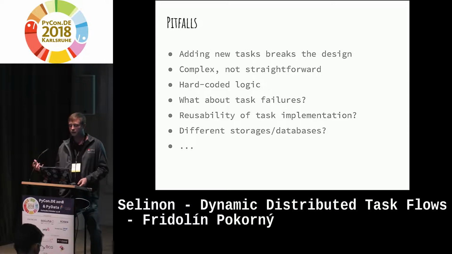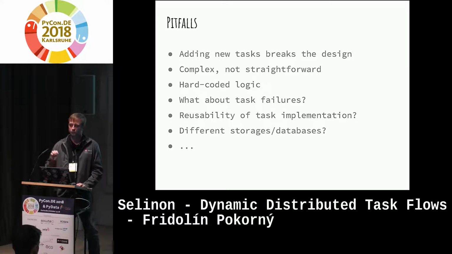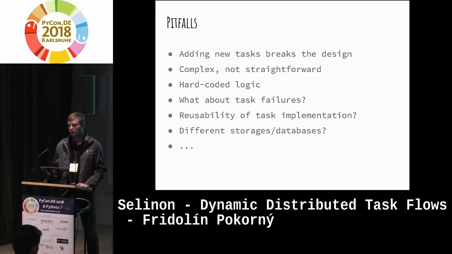How should we recover? Celery has some features for that, but it was not that straightforward to use. And we would like to also reuse some tasks. So when we define some task flow, we would like to say, okay, I would like to run only some particular task, and everything else should somehow be found out, what should be run.